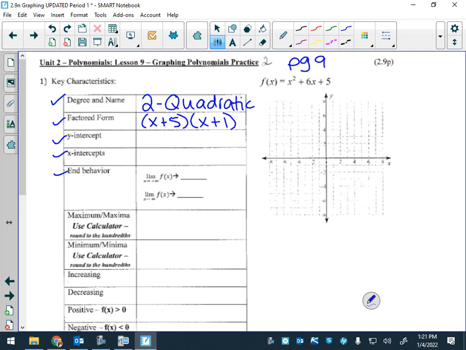What is my y-intercept? How do we find the y-intercept if we need to know it? Todd? So what would it be? 5. So our y-intercept is 0, 5. What are my x-intercepts? Danielle? Negative 5 and negative 1. Okay, so I'm just going to plot those.